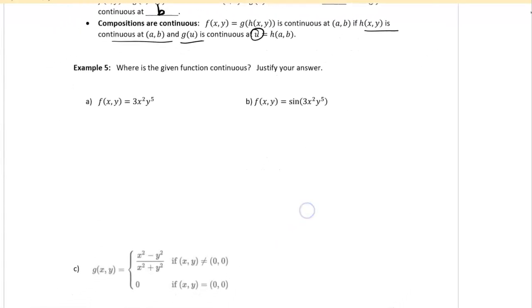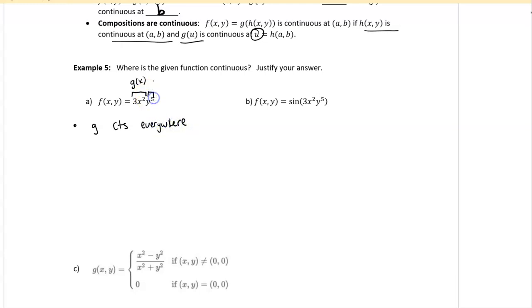So, looking at a couple of more straightforward examples, do we have continuous functions? When we look at f of (x, y) equals 3x squared y to the fifth, let's look right here. We have a function g, 3x squared, which is a polynomial. So g is continuous everywhere.